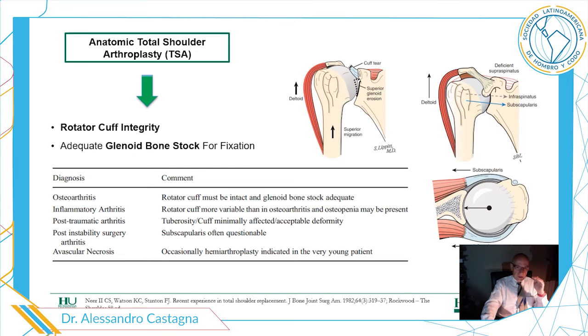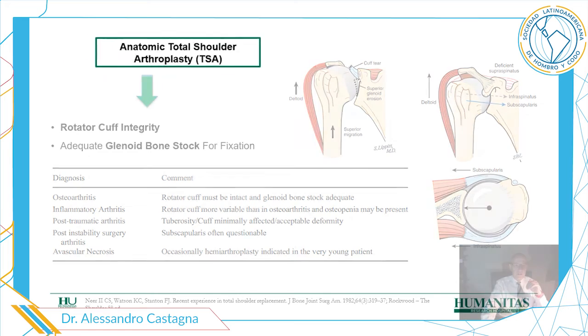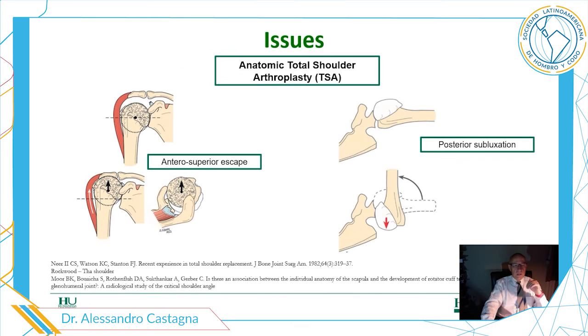Also, not only the superior cuff, but also the anterior cuff is very important, because anterior superior escape is a nightmare if it happens, but also the static posterior subluxation, so the bony condition, not only the soft tissue. The two of them, bone and soft tissue, are important. So a static posterior subluxation can be a problem leading to failure.